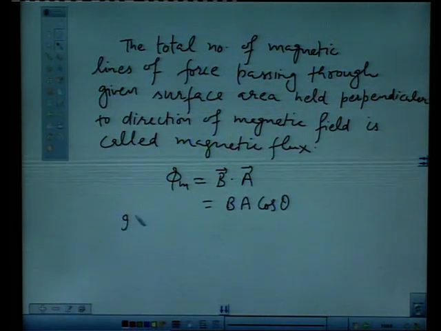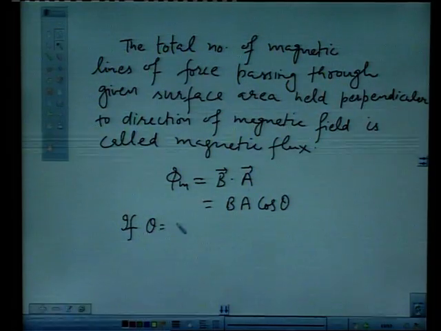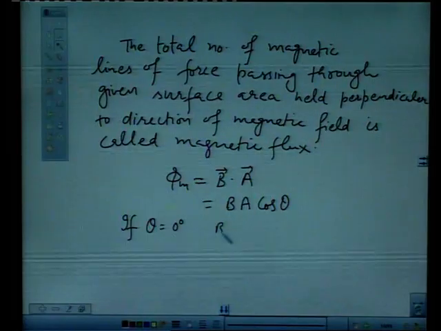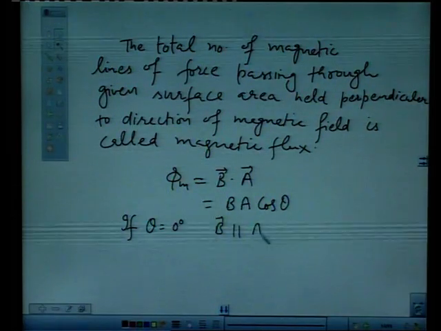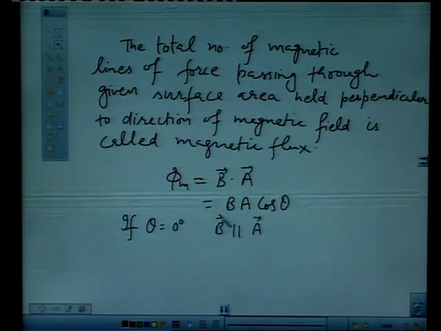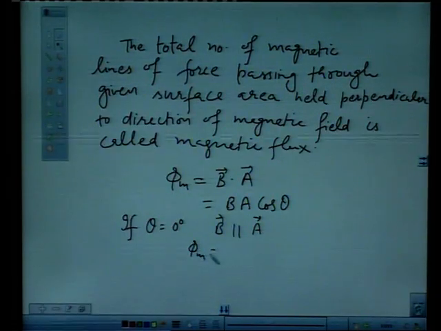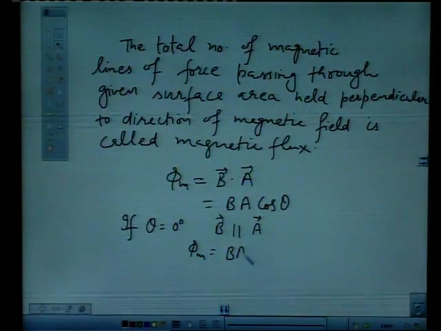So, if the value of theta is equal to 0 degree, meaning B vector is parallel to A vector, the magnetic field is parallel to the area vector, then the flux will be equal to B into A, since cos 0 degree is 1.